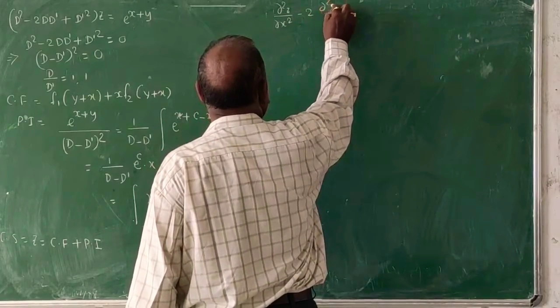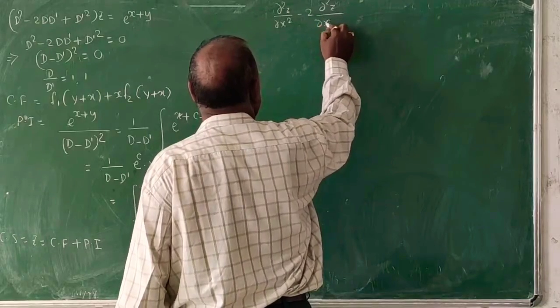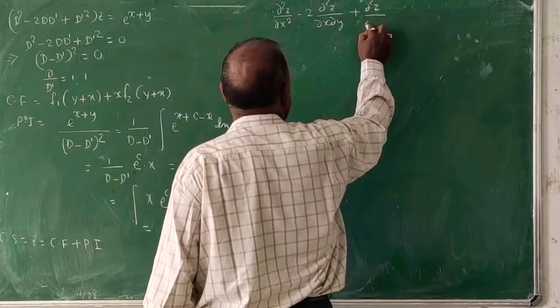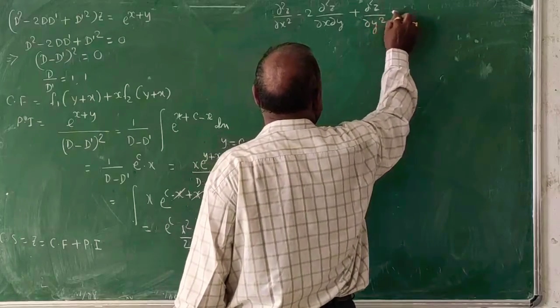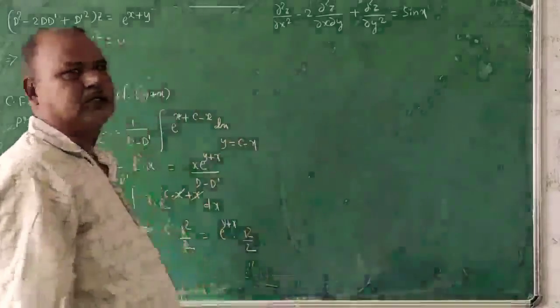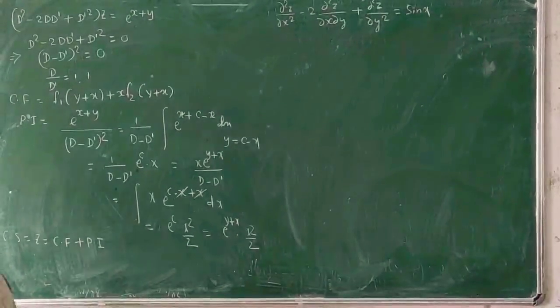Del square z by del x square minus 2 times del square z by del x del y plus del square z by del y square is equal to sin x. You solve this differential equation.